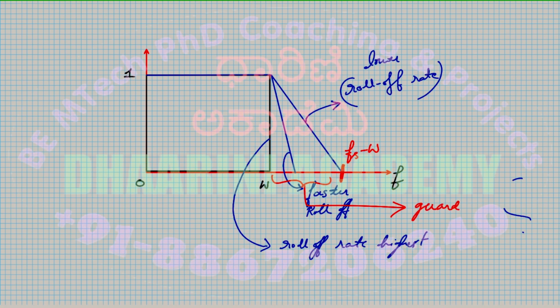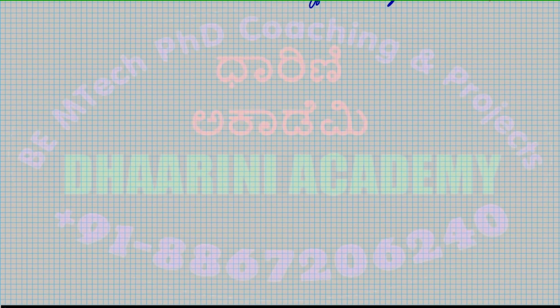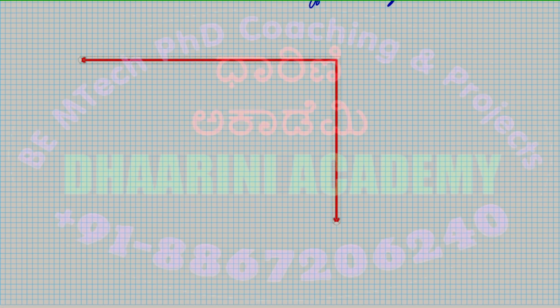Okay, what I'll do is, if I write here it becomes more messy, so I'll try to draw again, only the practical filter part. So this is the magnitude response of the filter.